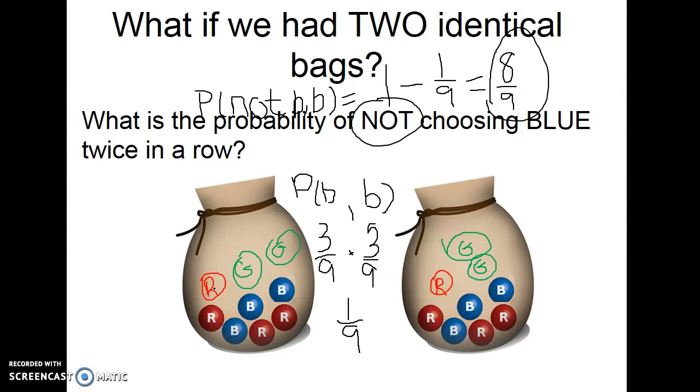Things like red, red, and green, green, and green, blue, and green, red, and red, green. There are 81 different combinations of marble colors, but 8/9 of them are not blue, blue. And so the probability of not choosing blue and blue again would be 8/9, because I subtracted the probability of actually getting blue, blue away from 100%.